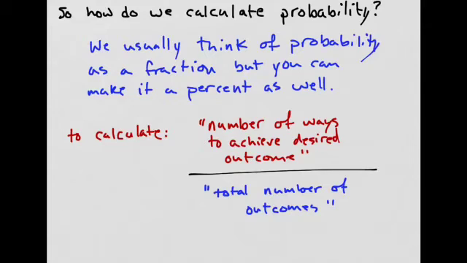So this is the number of ways where you want something to happen. If I said, what's the probability that the ball lands on an even number, I would first have to know the number of even numbers that it could land on, and then I would also have to know the total number of numbers on the wheel.